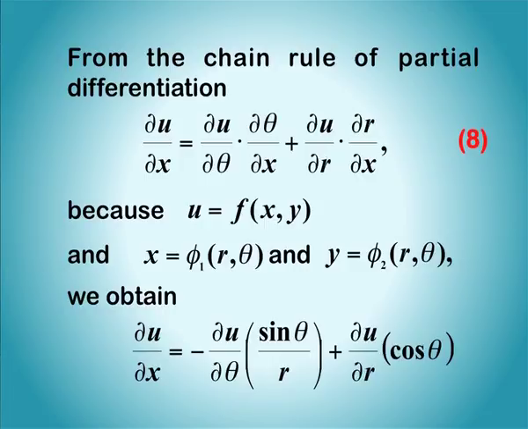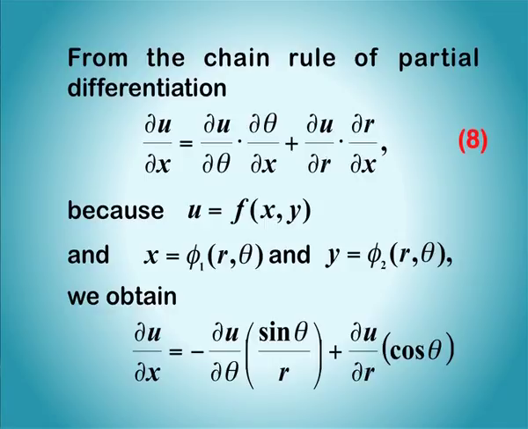So, r and theta are 2 parameters. The moment we go for more than one parameter, the chain rule comes into play, and equation 8 is that chain rule.